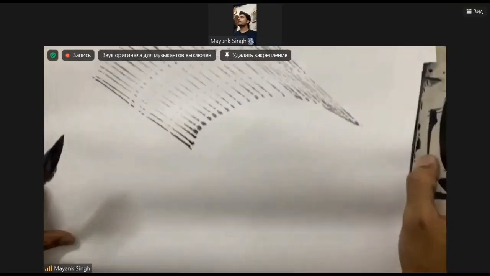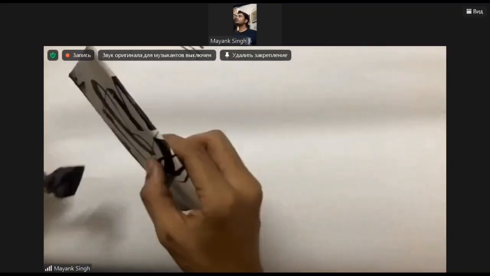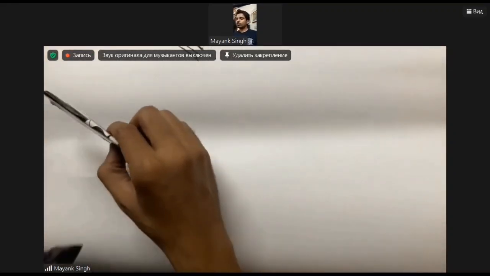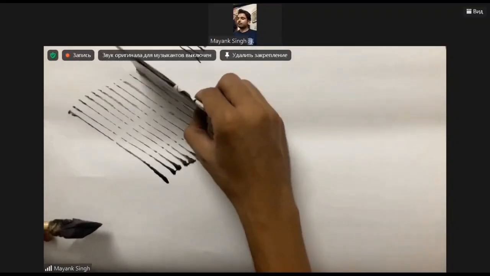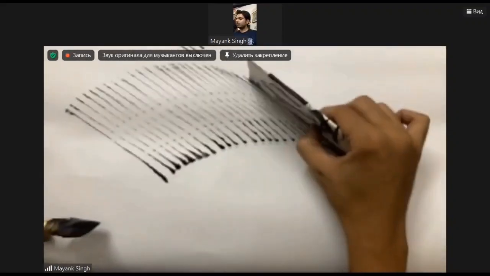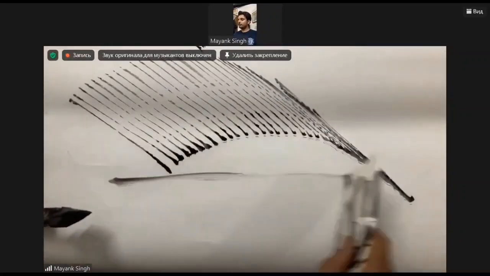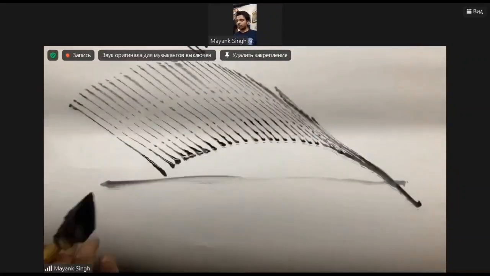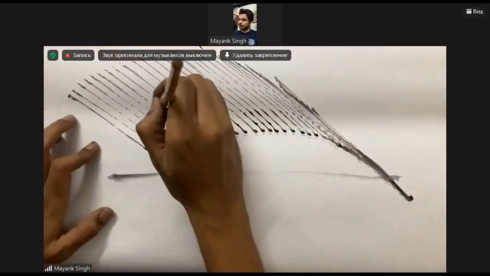Can you see it? I'll make it again. So if this is the stroke, then the streaks would be like, so this, you might remember this stroke. It's this one.